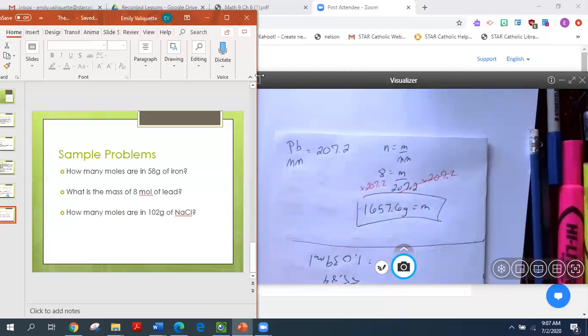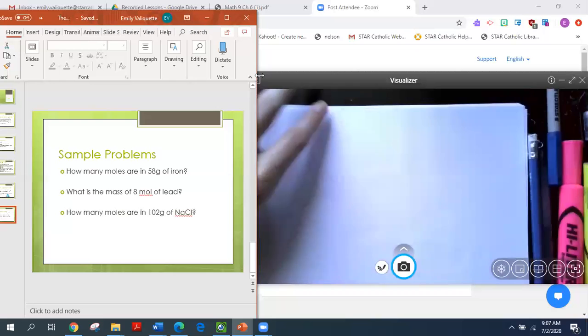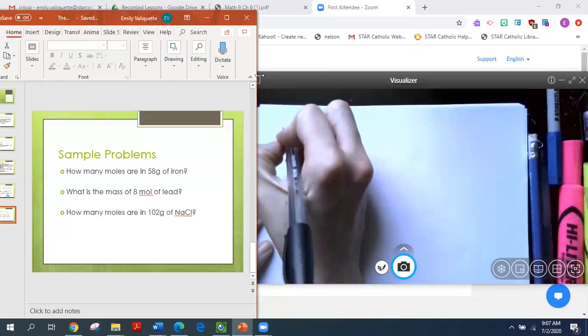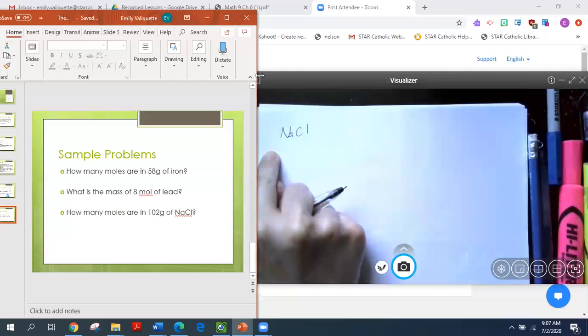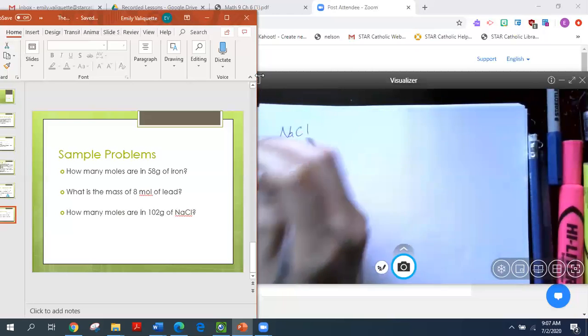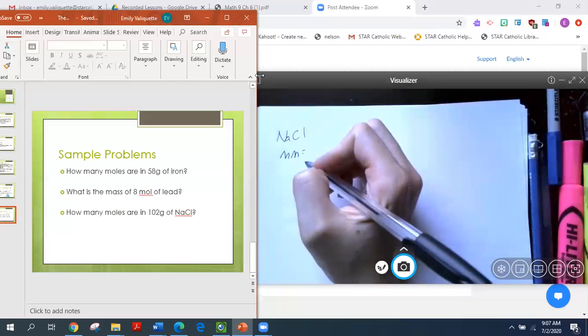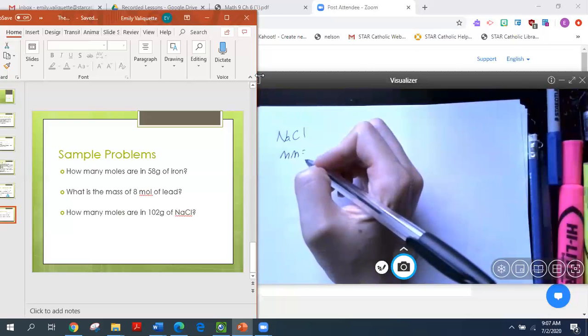Okay, the last question is ever so slightly trickier, only because this time we are given a compound instead of just a lone element. So we are going to have to take the molar mass of sodium, which is 22.9897.